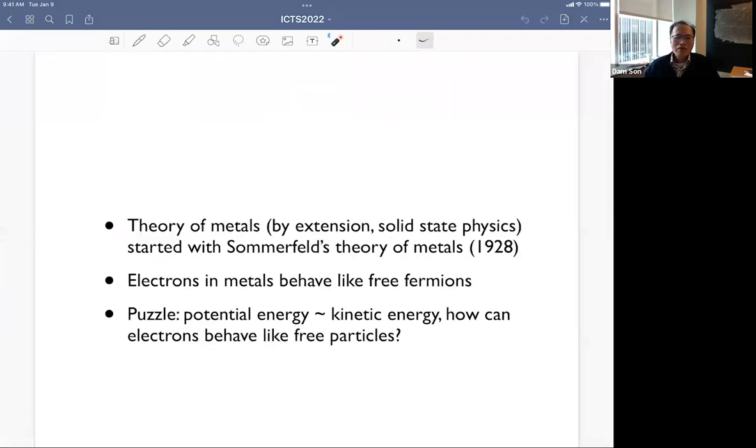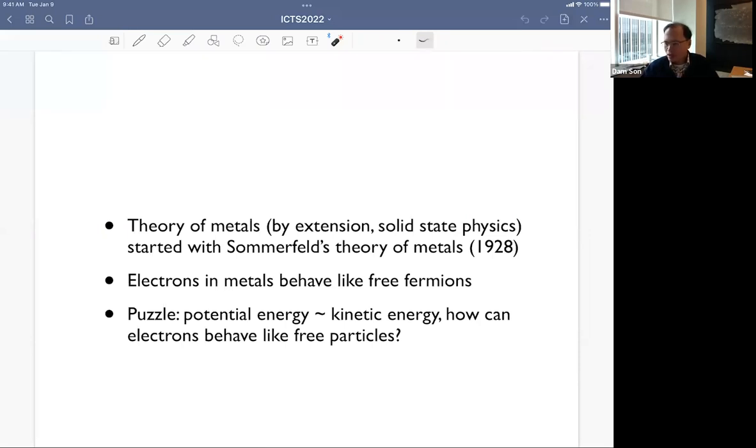The theory of metals, or by extension solid state physics or condensed matter physics, can be said to have started with Sommerfeld's theory of metals that Sommerfeld proposed in 1928. According to Sommerfeld, electrons in metals can be understood as a Fermi gas of free electrons.